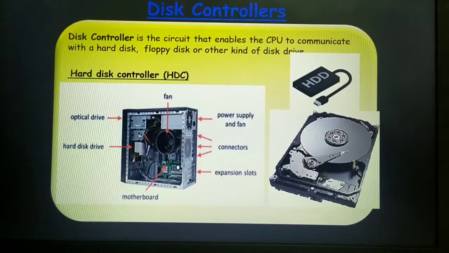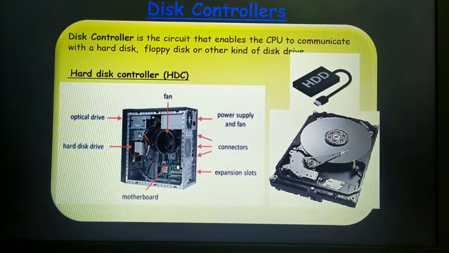Then there was an advancement in technology, and we had one more kind of hard disk controller, that is EIDE, the Enhanced Integrated Digital Electronic Standard Drive, which was able to connect up to 4 drives. If it is IDE, then it would let you connect 2 drives.